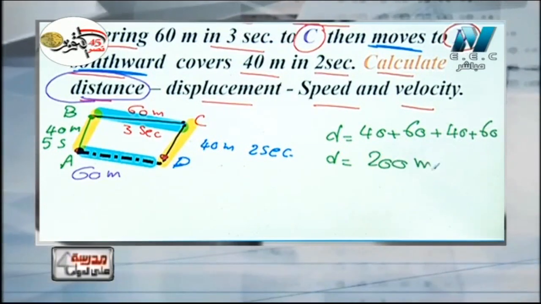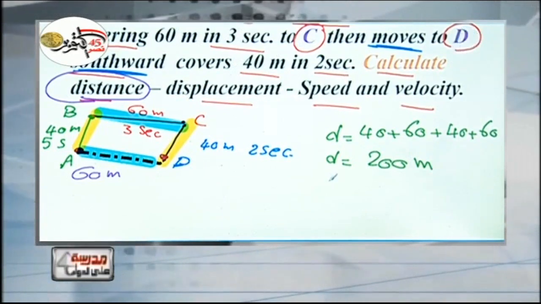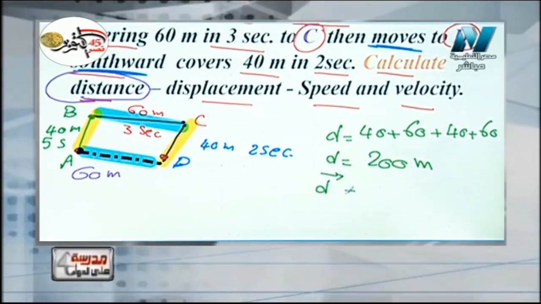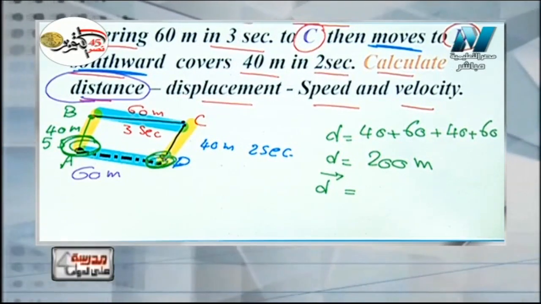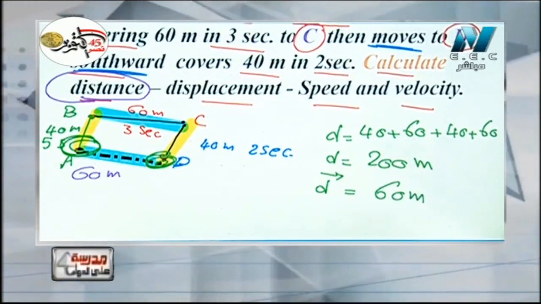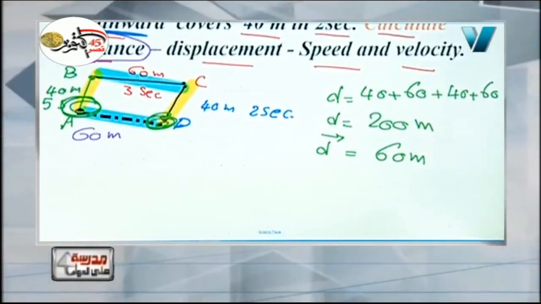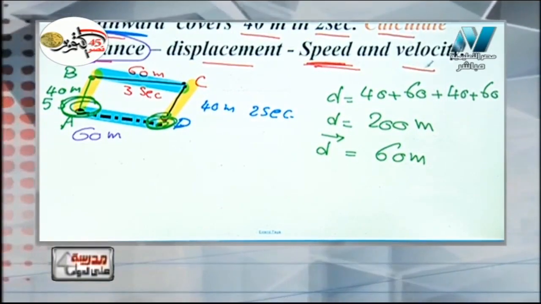Don't forget the measuring unit. At the same time we need displacement, the shortest straight line between the starting point and the ending point. So here we have 60 meters.